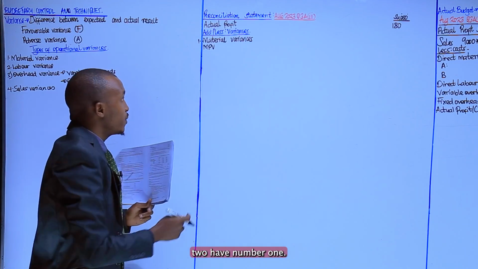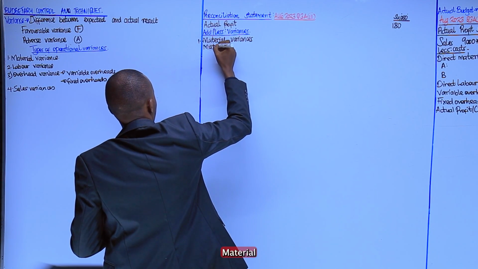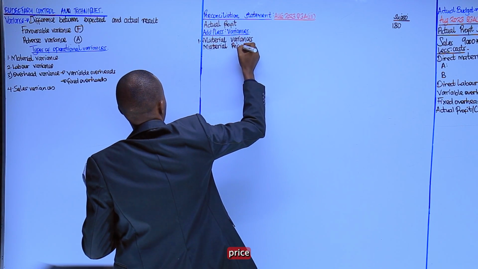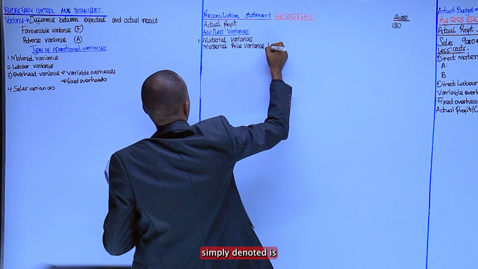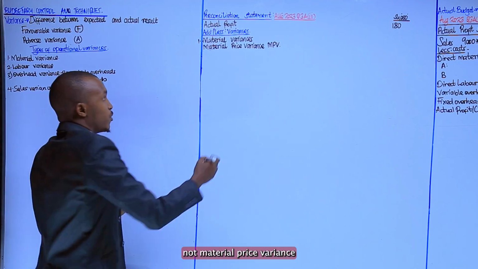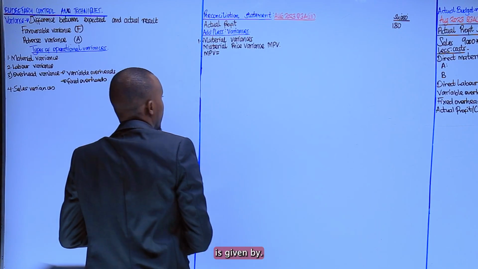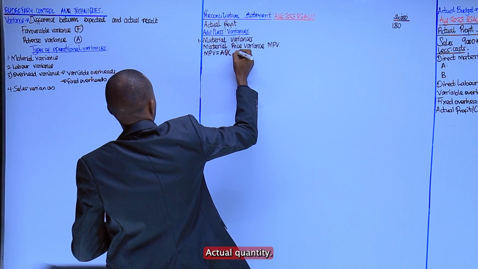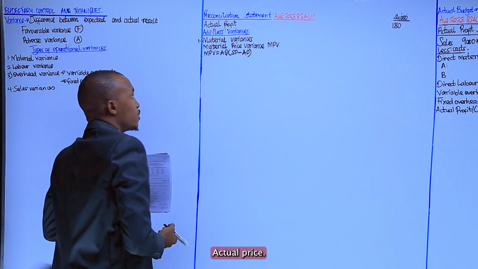You have number 1, material price variance, simply denoted as MPV. Now your material price variance is given by actual quantity times standard price minus actual price.